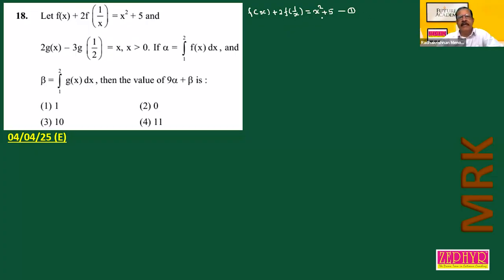So you have to eliminate f of 1 by x. So you have to replace x by 1 by x. Wherever there is x, we can write 1 by x. So you are getting f of 1 by x plus 2 into f of x equal to 1 by x squared plus 5.